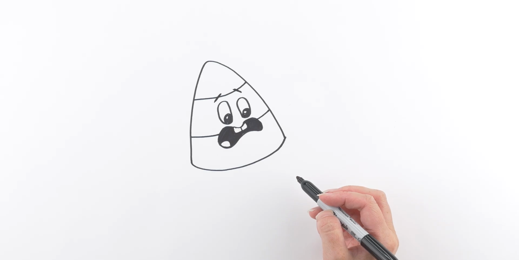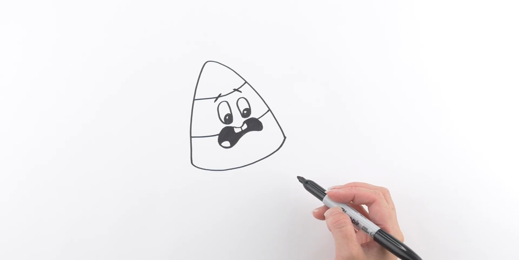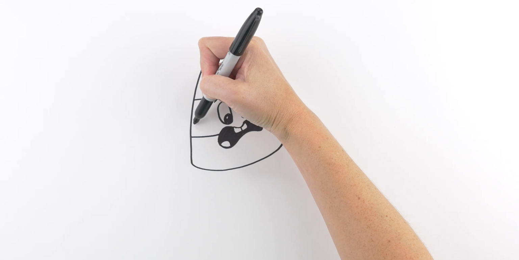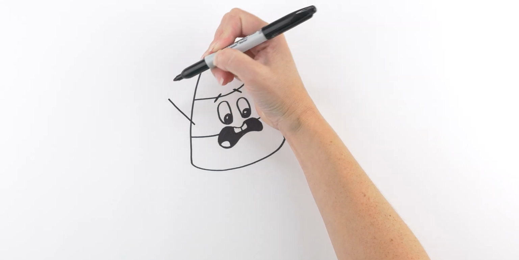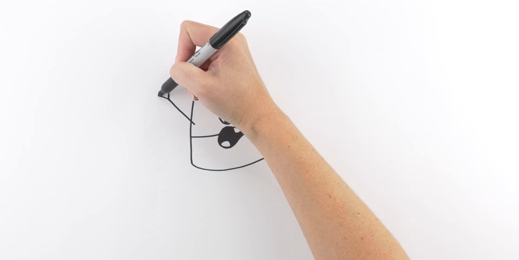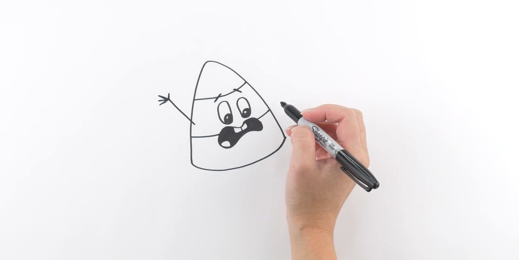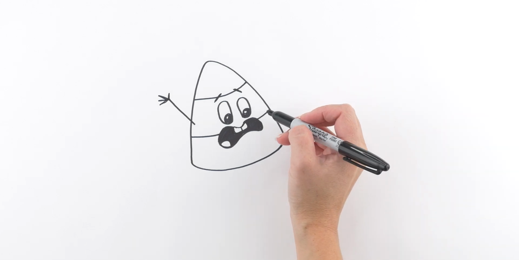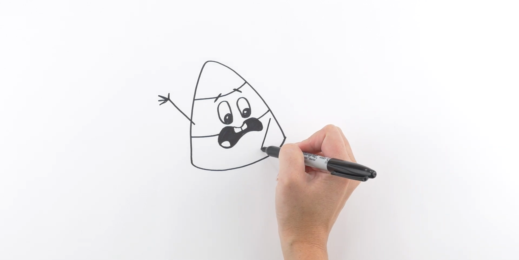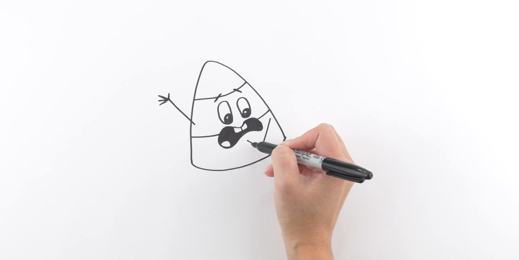All right, now we get to add the arms and legs to show the body language of a character that's being scared or frightened. So one arm will be up, and we're going to do four little fingers. The other arm will basically make a zigzag shape here.